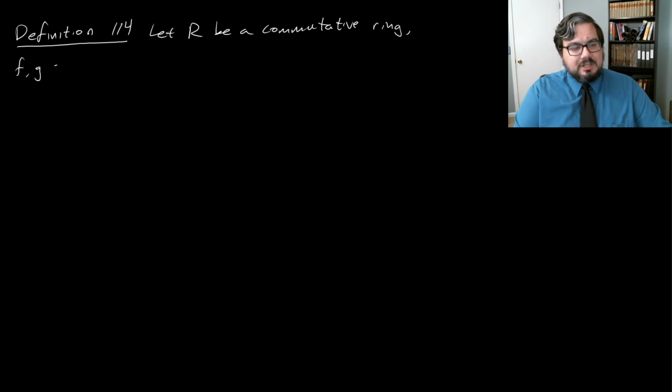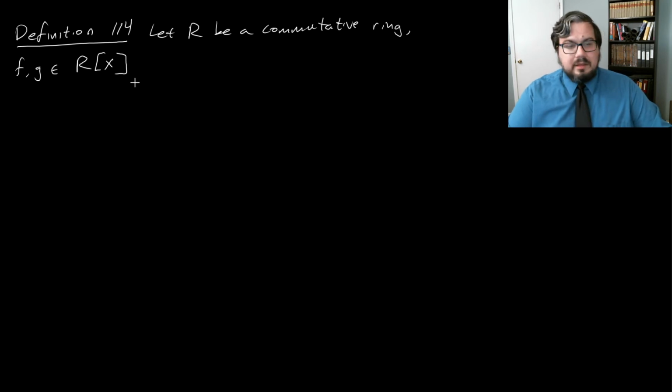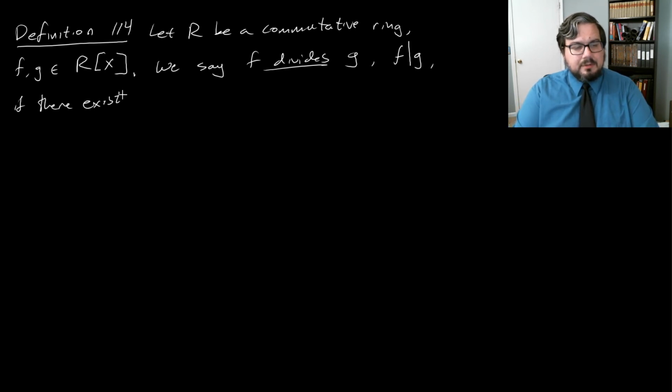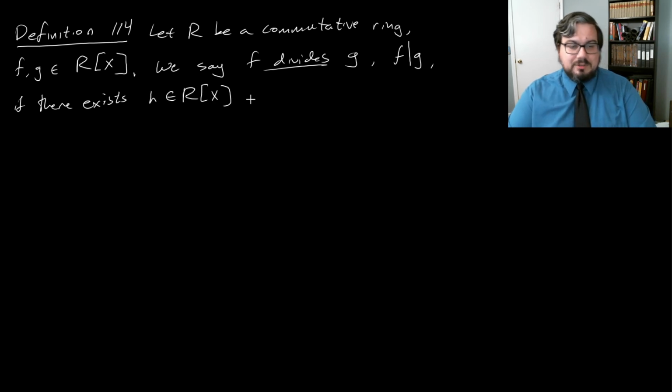Let F and G be in the ring R adjoin X. We say that F divides G, and we write F divides G with a long vertical bar like this, if there exists an H in the polynomial ring R adjoin X such that G is equal to FH.